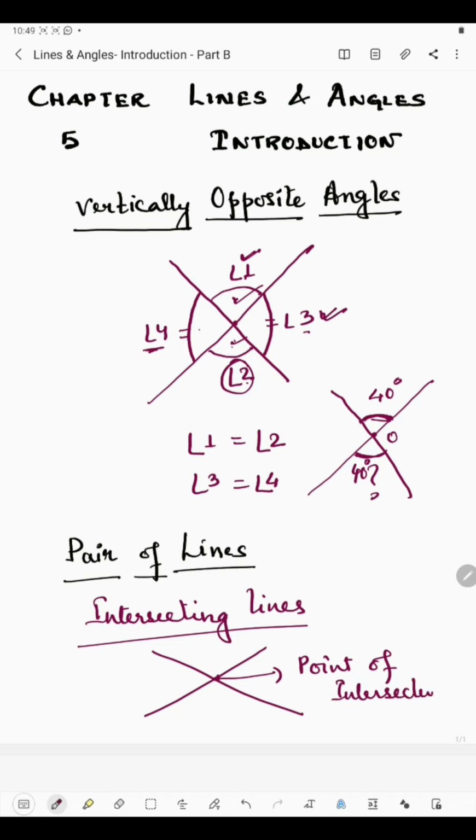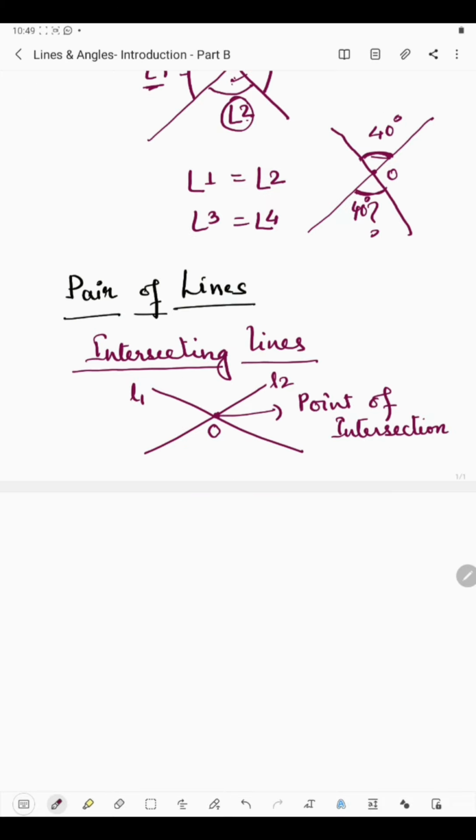So if I consider these two as L1 and L2, then L1 and L2 are intersecting lines, and suppose they meet at point O, then point O is known as the point of intersection.